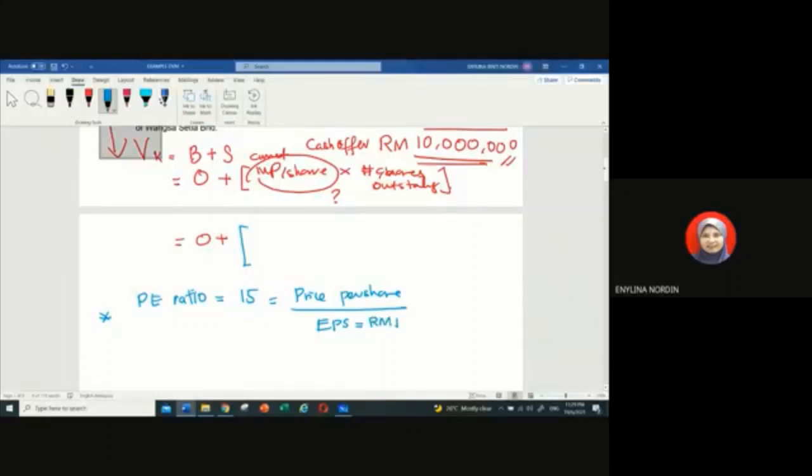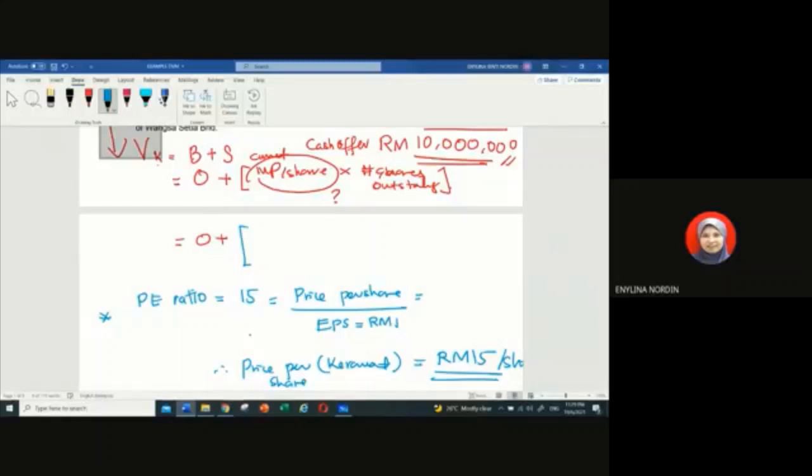Therefore, the price per share for Keramat currently equals RM 15 per share. So what is the value of Keramat then?